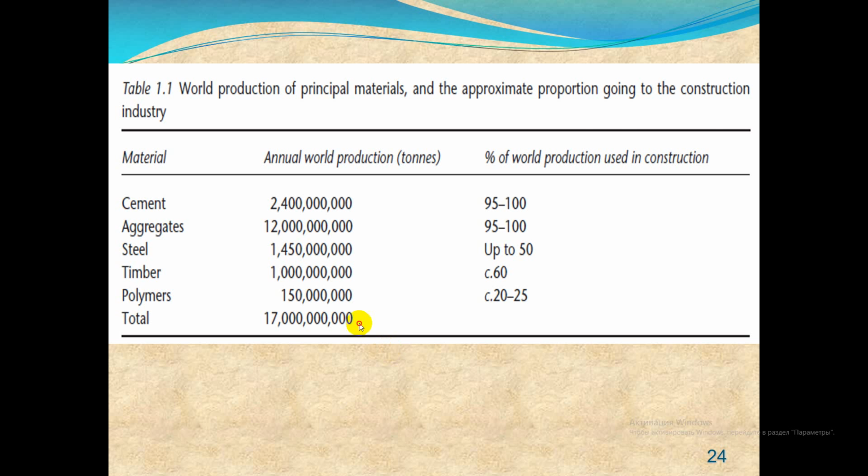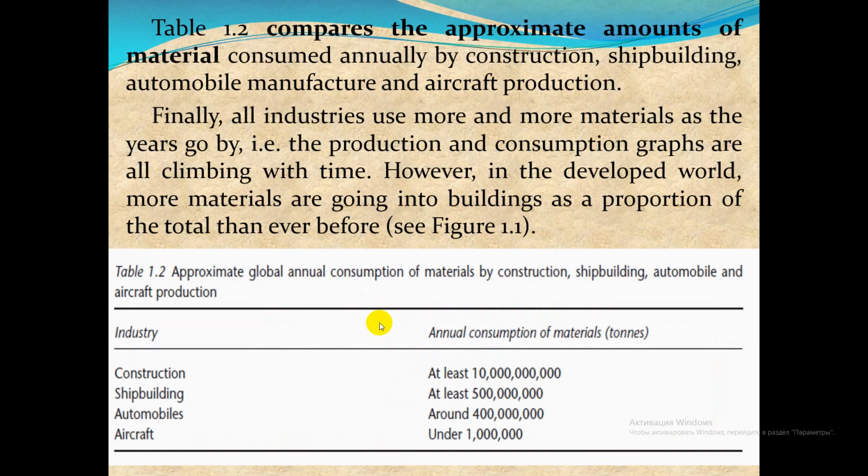So, the next table compares the approximate amounts of material consumed annually by construction, shipbuilding, automobile manufacturing, and aircraft production.